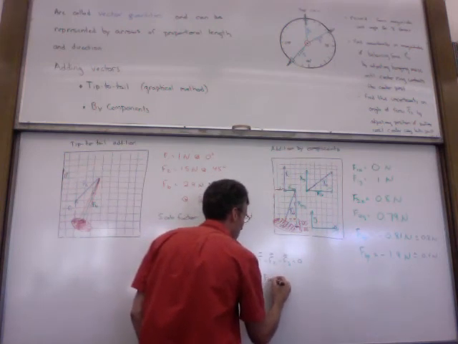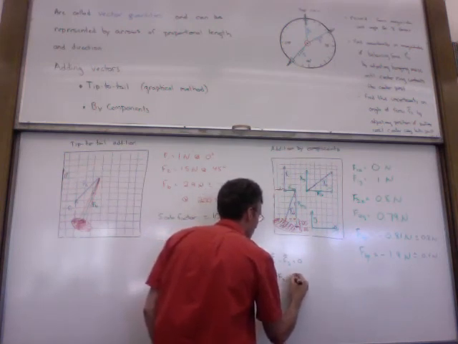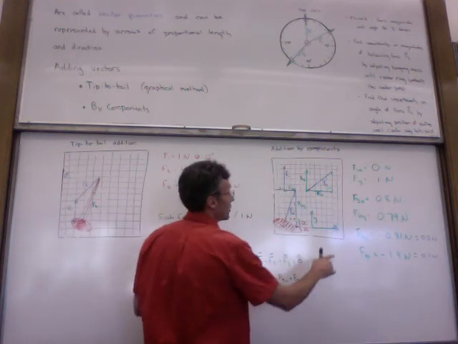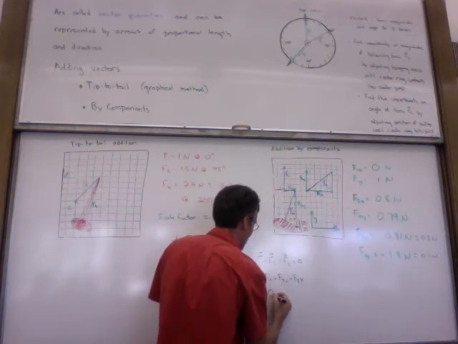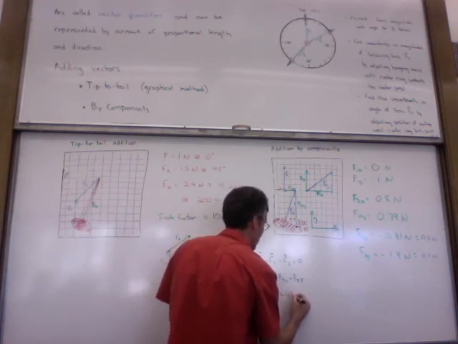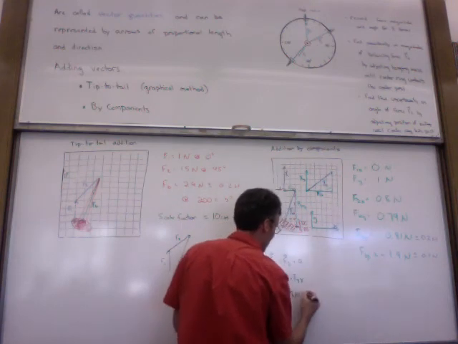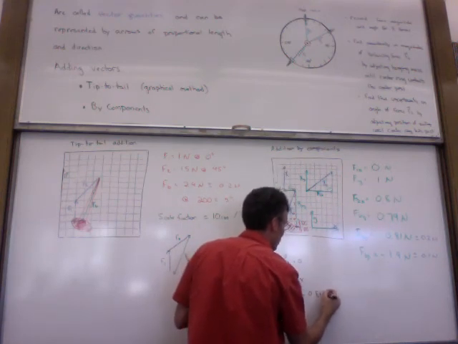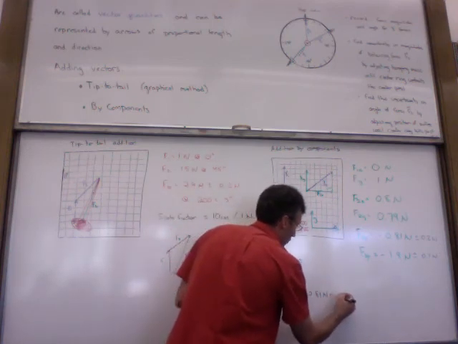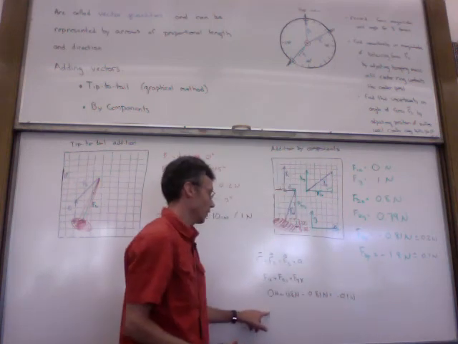So f1x plus f2x plus f3x is, now just add up the numbers, 0 newtons plus, say, 0.8 newtons plus a negative 0.81 newtons. And I get minus 0.1 newtons.